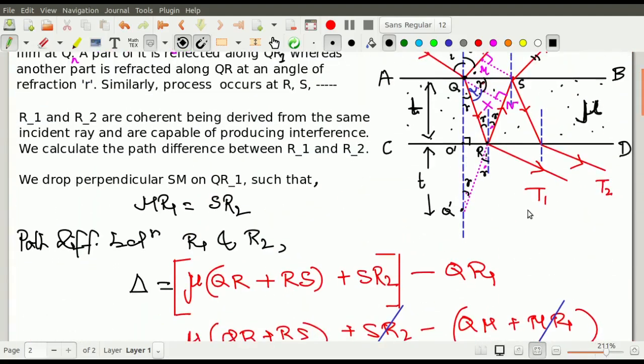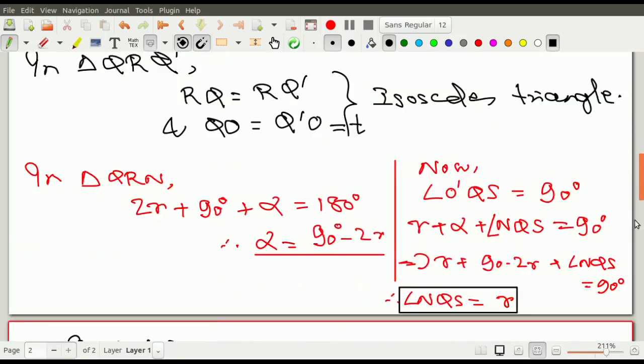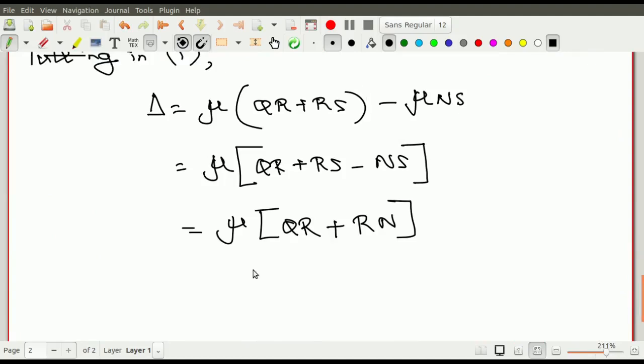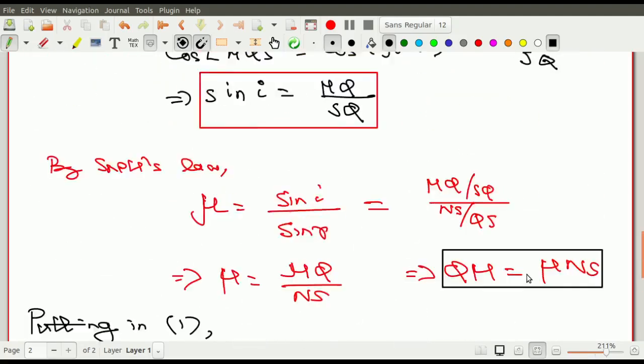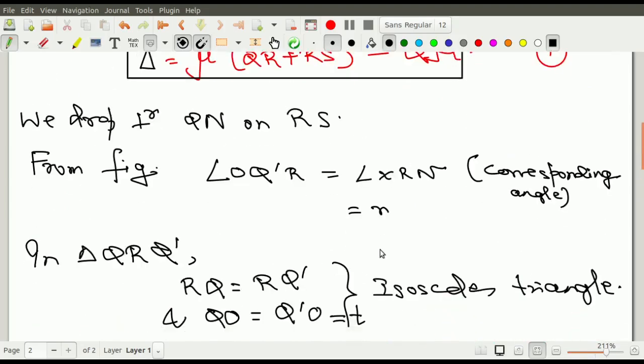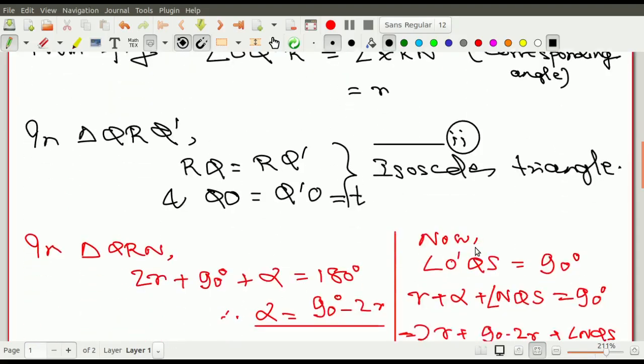Look at the diagram again. QR I can replace with Q dashed R because it is an isosceles triangle. So I replaced QR with Q dashed R plus RN, right? From 2, the isosceles triangle type equation, RQ equals RQ dashed.